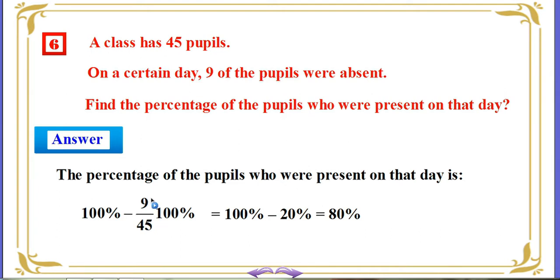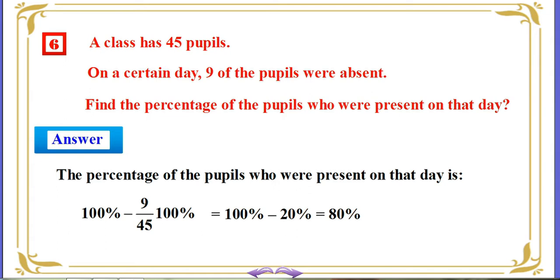When you divide the numerator and the denominator by 9, on the numerator you have a 1, and on the denominator you have a 5. And 1/5 multiplied by 100 gives you 20.